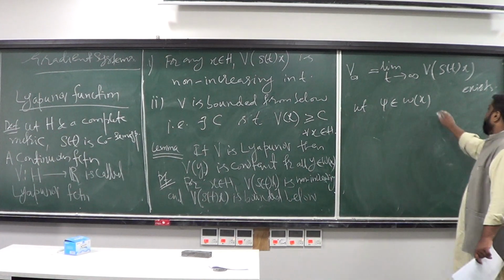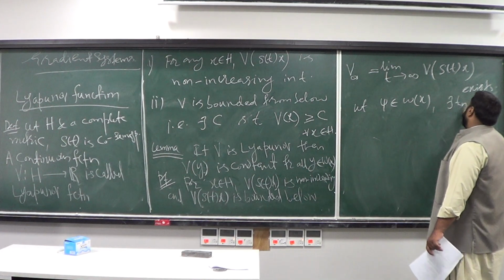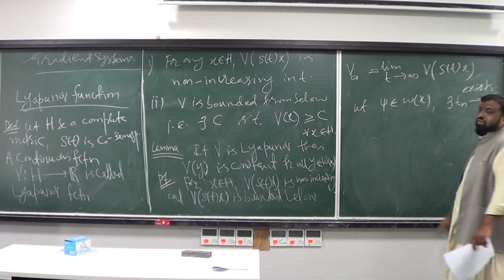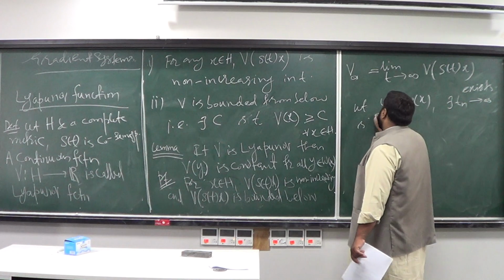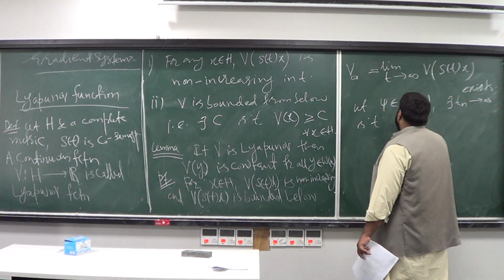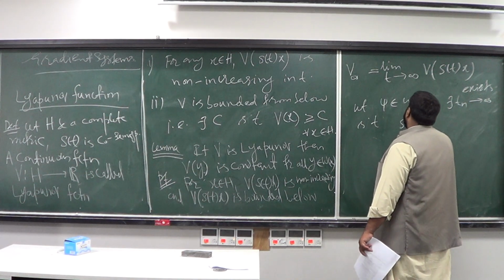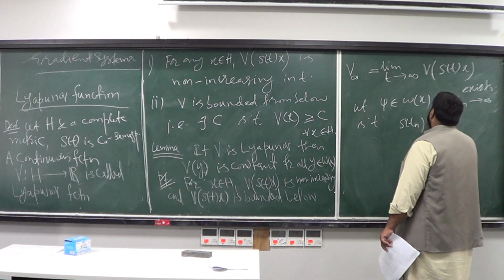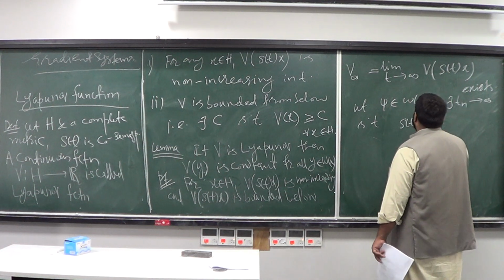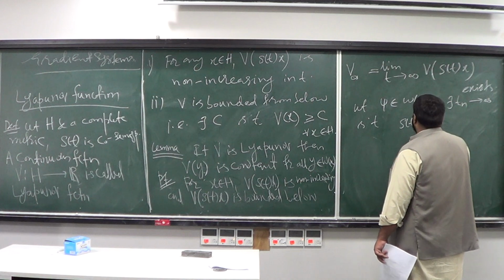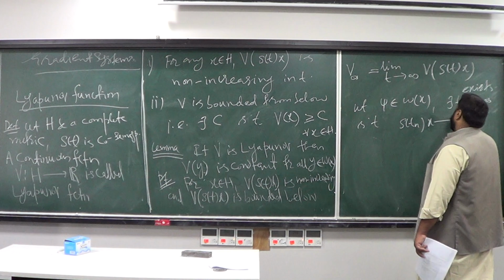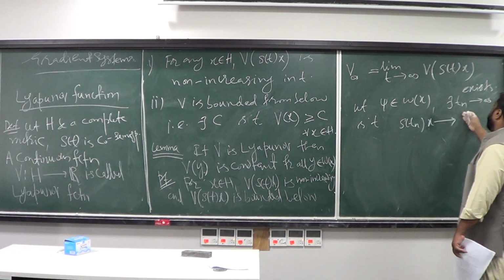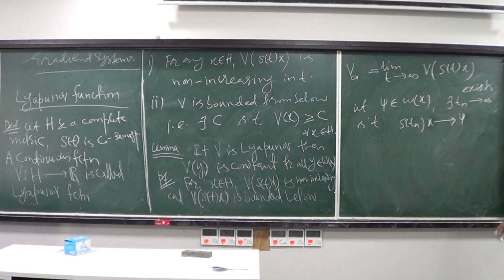By definition, there exists a sequence t_n that goes to infinity as n goes to infinity, such that S of t_n operated onto x converges to psi as n goes to infinity.